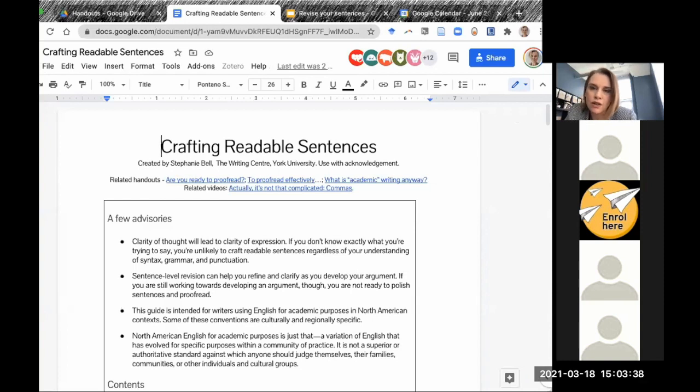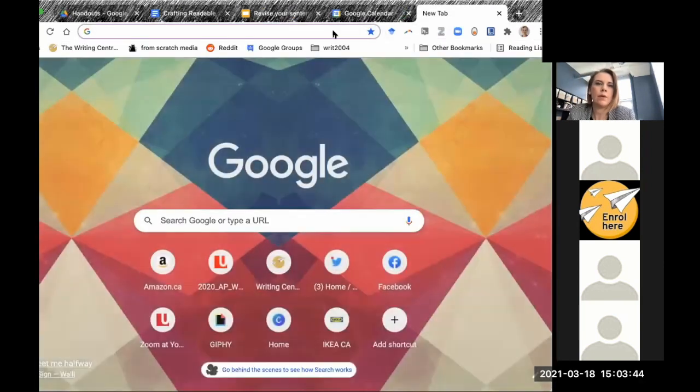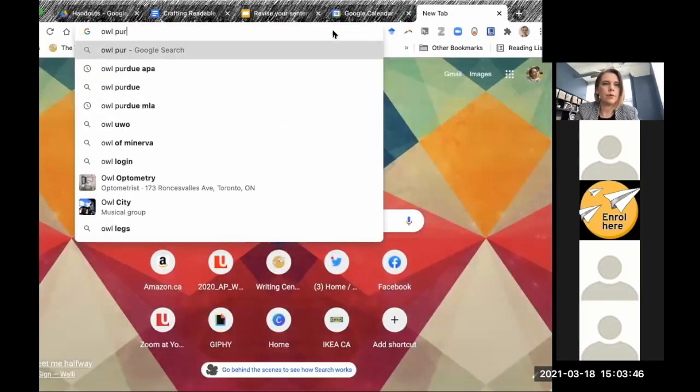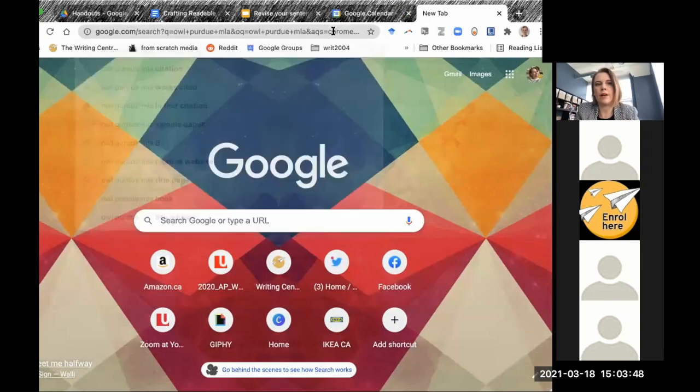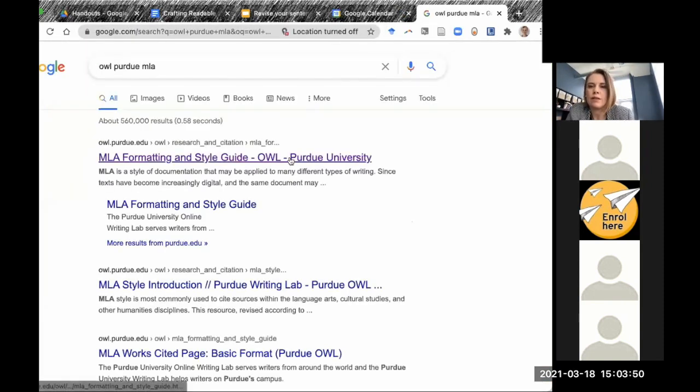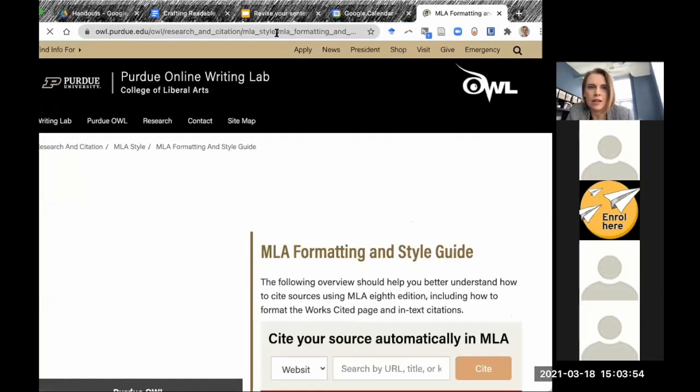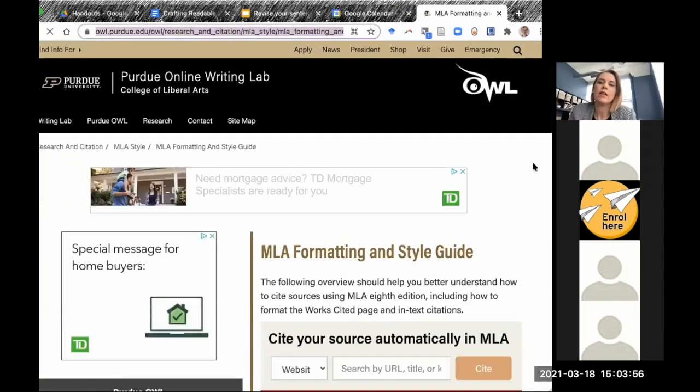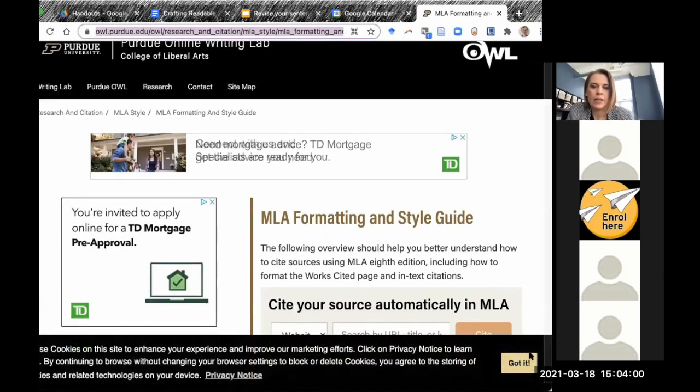If you're citing and you're using quotations, I recommend OWL at Purdue. You can see me, I'll Google it now, OWL Purdue, and you can put in MLA or APA. This is a formatting style guide, like access to the style guide that is detailed. They have sample papers. I highly recommend it.